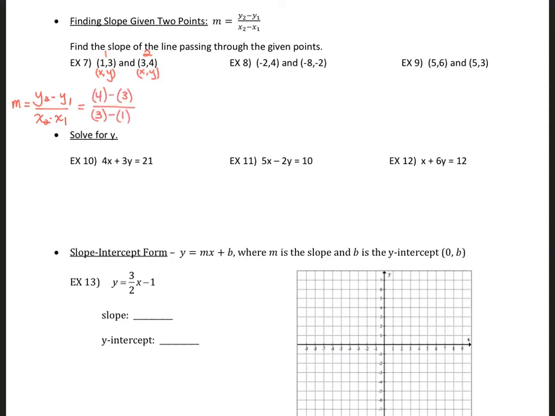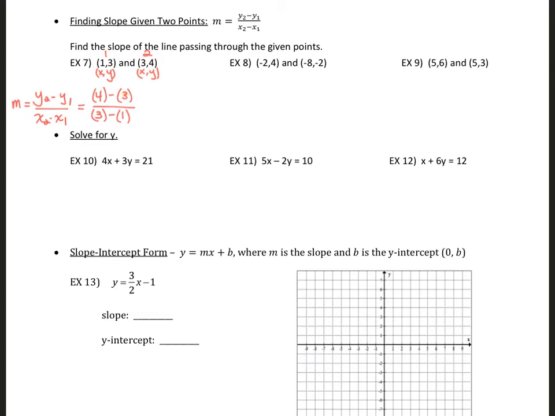So there we go. The y value in the second point, we say y sub 2, sub for subscript. So y sub 2, y from the second point, is 4. There's my 4. Minus y from the first point, or y sub 1. Y from the first point is 3.